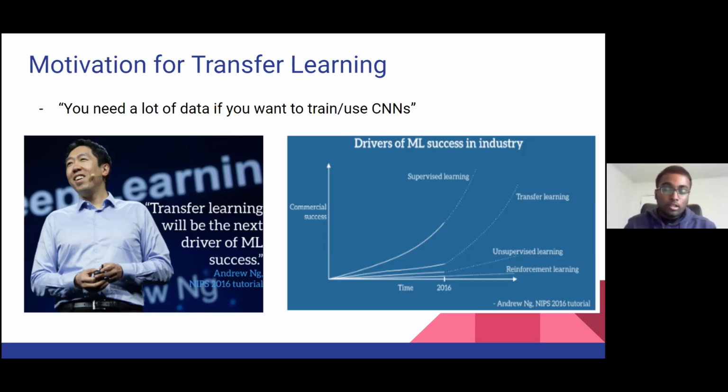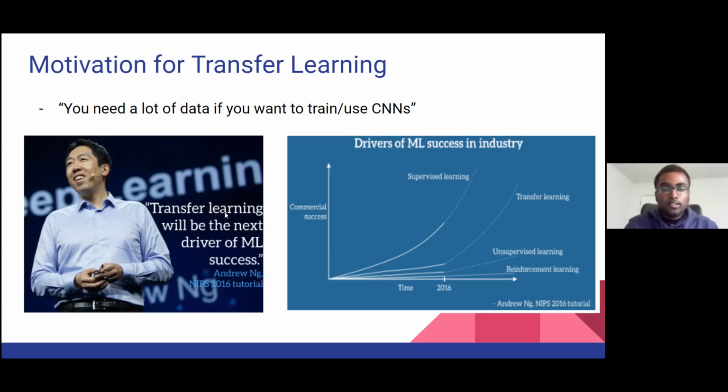But having that scale of data set is not always possible. So when you have a smaller data set, you use transfer learning to allow the model to train for your specific task and have good performance.